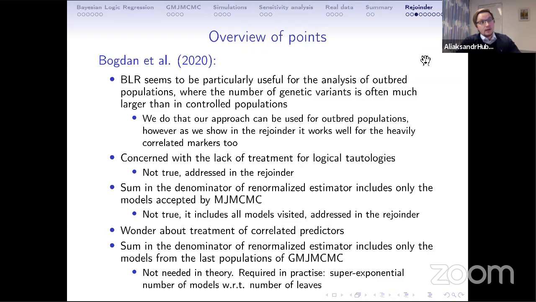Another comment was that they didn't like the way we're merging the results from the parallel threads. And then they suggested the formula that we suggested in the paper. I mean, in the paper, we suggest two approaches. The first approach is to merge all of the unique models from all of the individual threads of the GMGM-CMC algorithm and use them in the denominator of the Bayes formula.